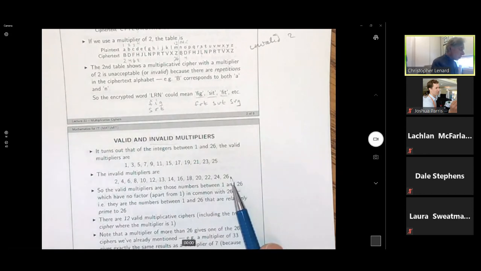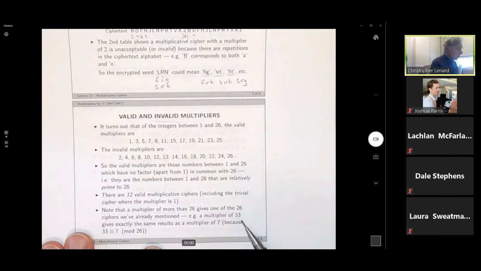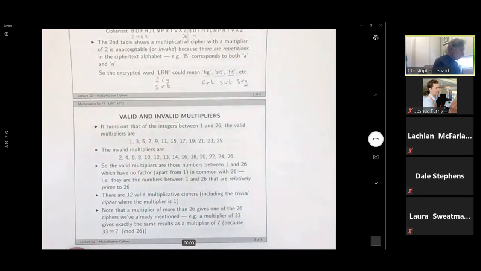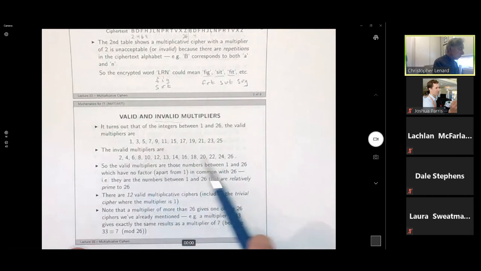We don't have to go to 27 because multiplying by, for example, 33 in the mod 26 system is equivalent to 7. So multiplying by 33 is actually the same as multiplying by 7. So we can actually stop there. These are basically valid and invalid. We don't have to go any further.